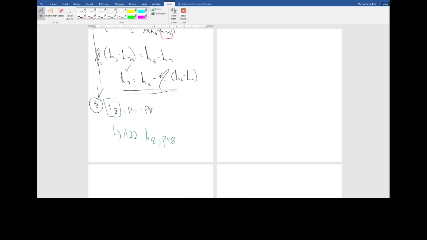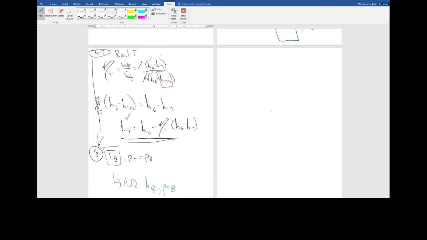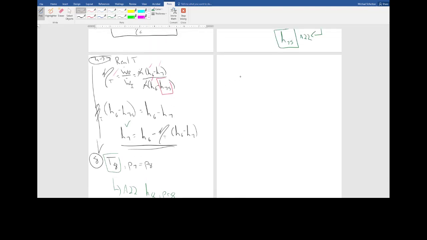The states where they tell you the temperature, those are my favorite states. Now as I go from 8 to 9, it's a turbine again, right? So I want to go 9S first, right? Because delta S is equal to 0, which means that PR9S over PR8 is equal to P9 over P8, which again is going to be 1 over root 10.